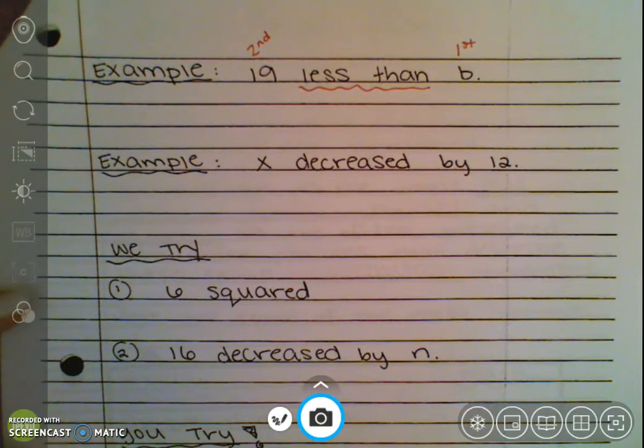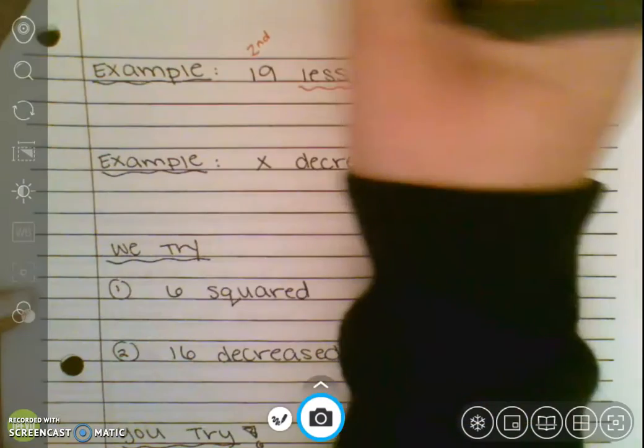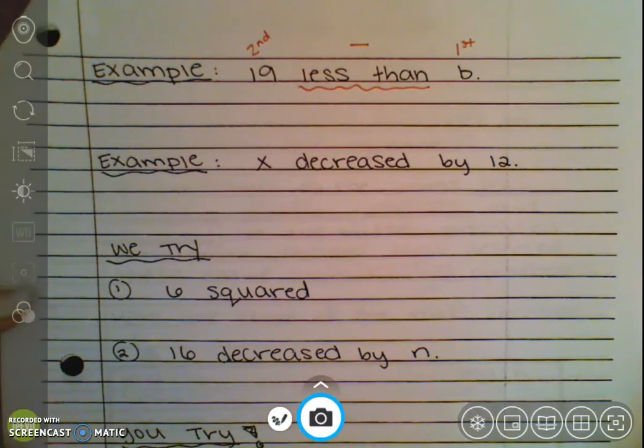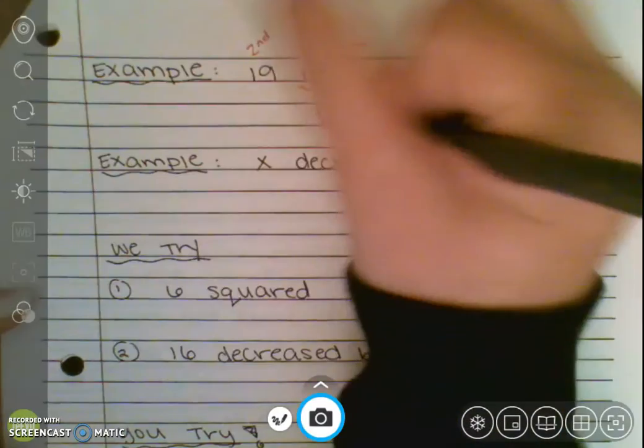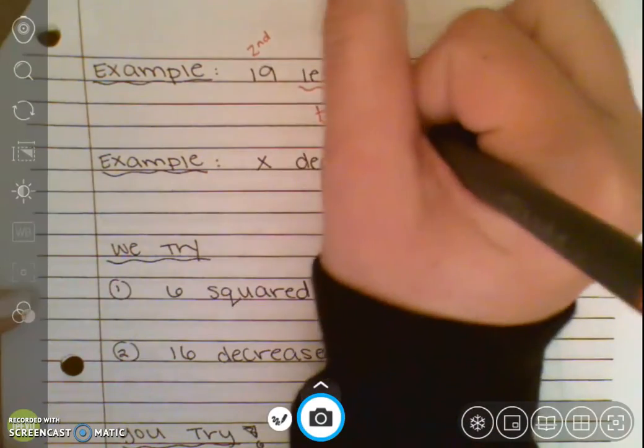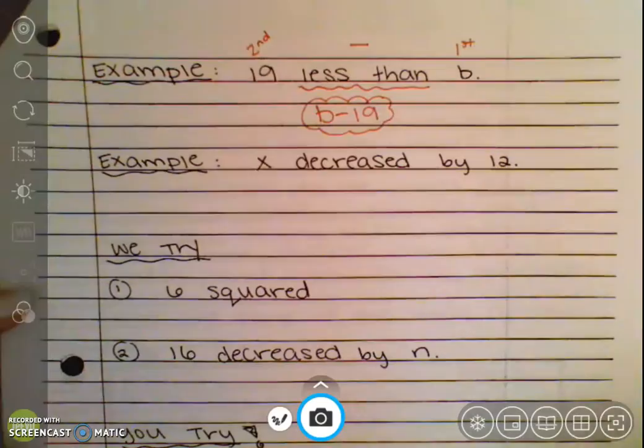If you guys are 10 years less than my age, I would take my age minus 10, right? So less than is subtraction. So I'm going to put a subtraction sign. Since less than is a backwards word, you have to do B first, minus 19. And that's your final answer.